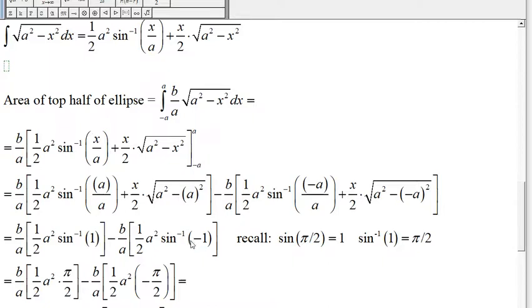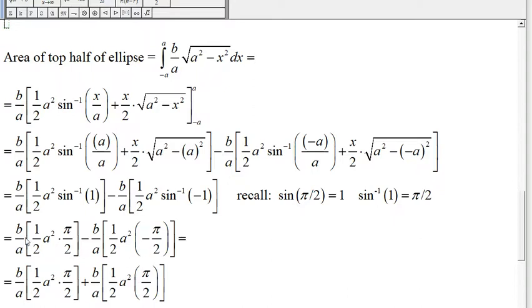And then similarly, sine inverse of negative 1 is negative pi over 2. And so here we get b over a times 1/2 a squared times pi over 2. And then this is minus negative, so it becomes plus.